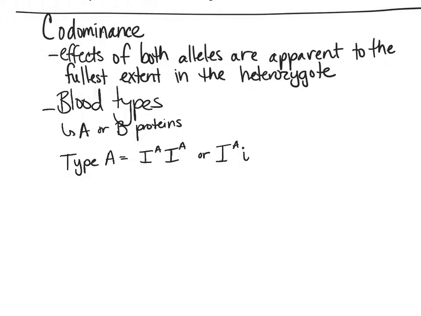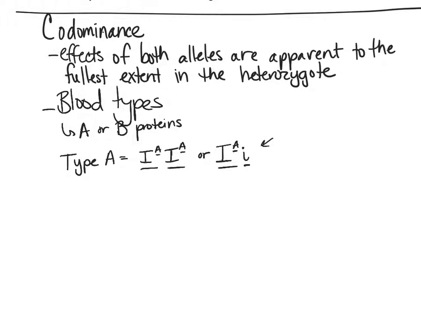If we have type A, we could get one allele from the mother coding for blood type A, and one allele from the father coding for blood type A. Or we could get one allele from either parent which codes for blood type A, and the other allele from the other parent.